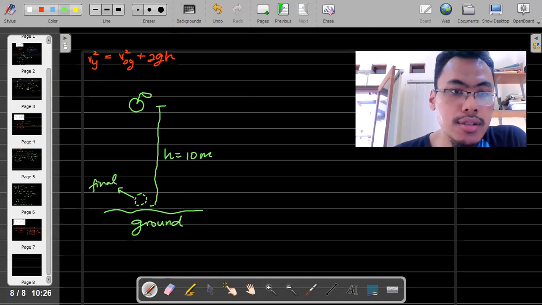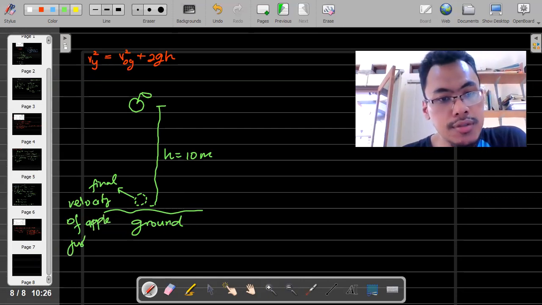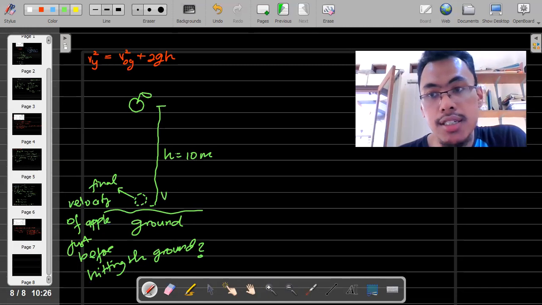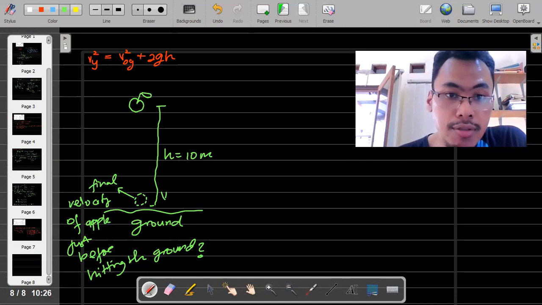the final velocity of the apple is, just before hitting the ground. So in this case, we are going to find the final velocity, which is Vy.